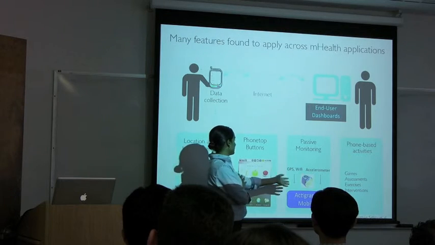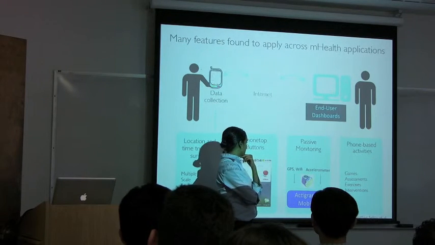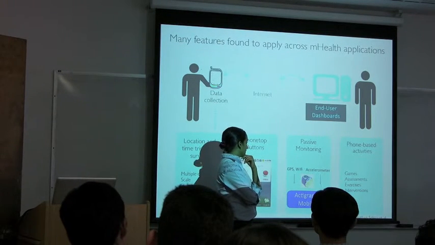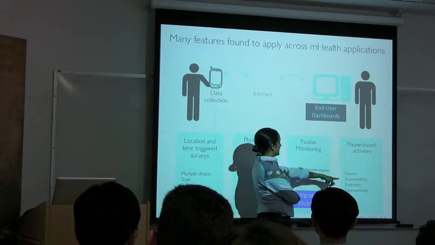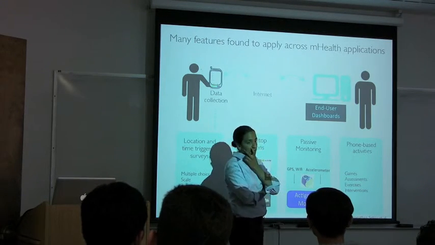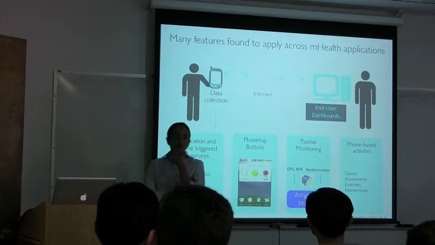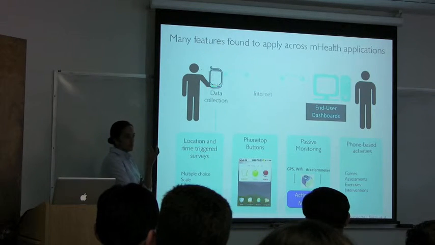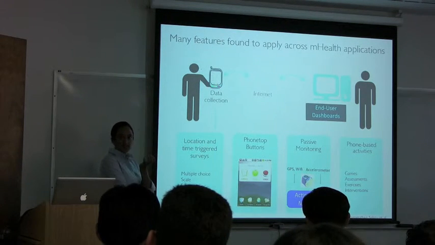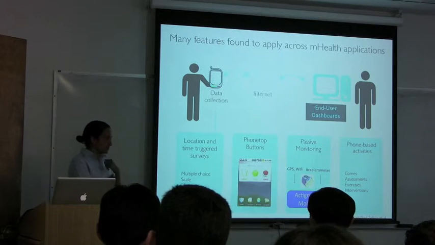And then we have the actigraphy and other types of background data. Alice mentioned the audio and all of that. We're starting to explore phone-based activities like games that people can do to, for example, assess sleep and cognitive deficiencies by providing a game on the phone that measures your response time.